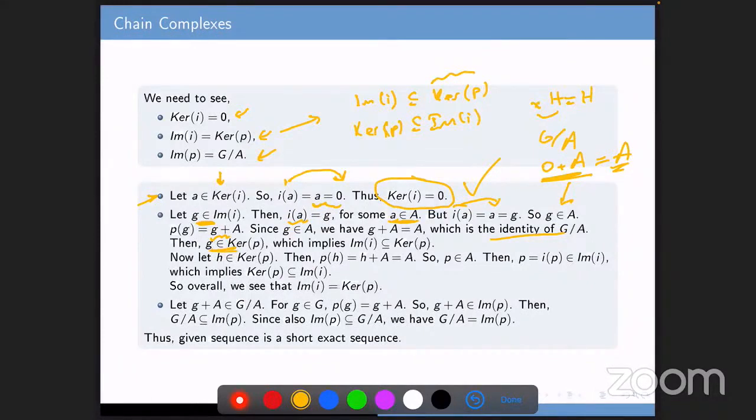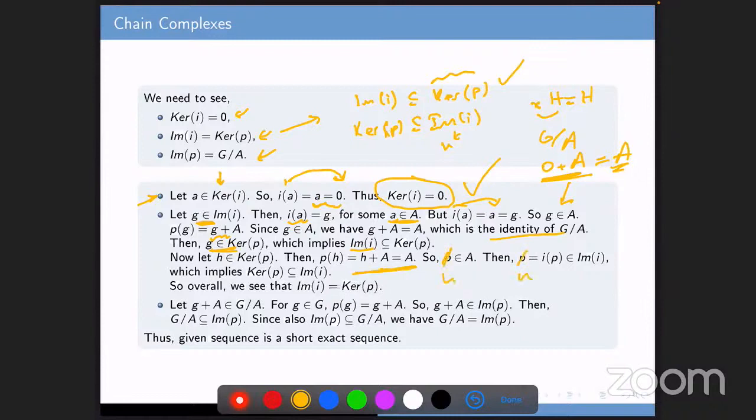For the next part, we take an element from the kernel P this time, and we are going to try to see it's an element of this image I. If this element is in kernel P, then it should be getting mapped to this identity A, right? So H plus A should be equal to A, but this will imply, sorry, not P, this is H. Okay, there are some mistakes here.